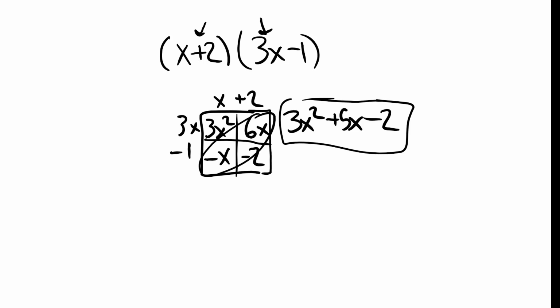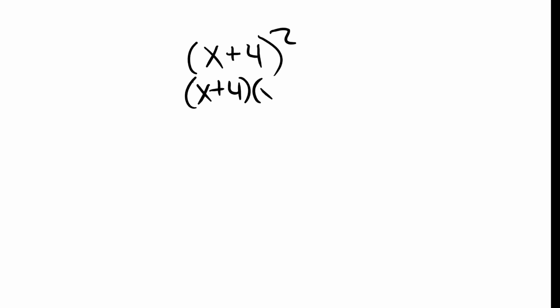We also had other cases like x plus 4 squared, where you also needed to use something like this, because x plus 4 squared is x plus 4 times x plus 4. So while it's tempting to kill a puppy and get x squared plus 16, that's wrong, and we know it if we do our multiplication.